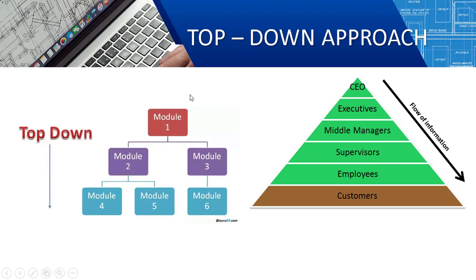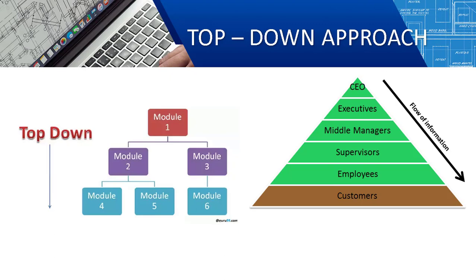So a main problem is divided into sub-problems, and the sub-problems are further divided into sub-problems. This kind of approach is called the top-down approach, where the flow of information goes from the top level to the bottom.